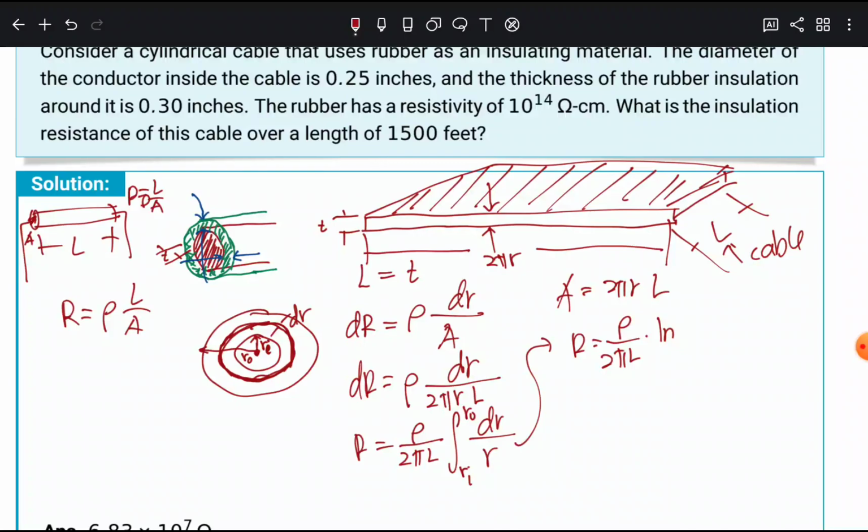But one property of logarithms: if you subtract two ln's, we can just make it a division. So instead of subtracting, we can just divide r out and r in. And this is the formula for the insulation resistance.